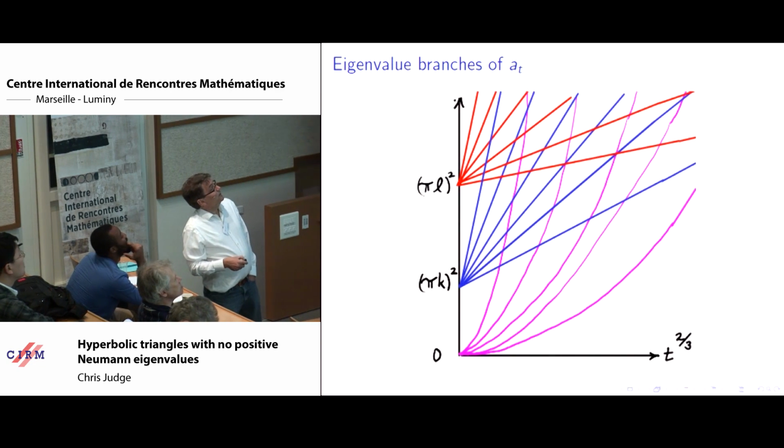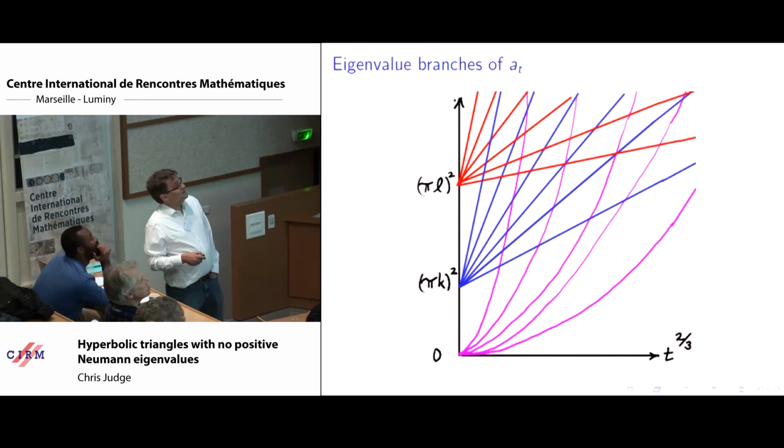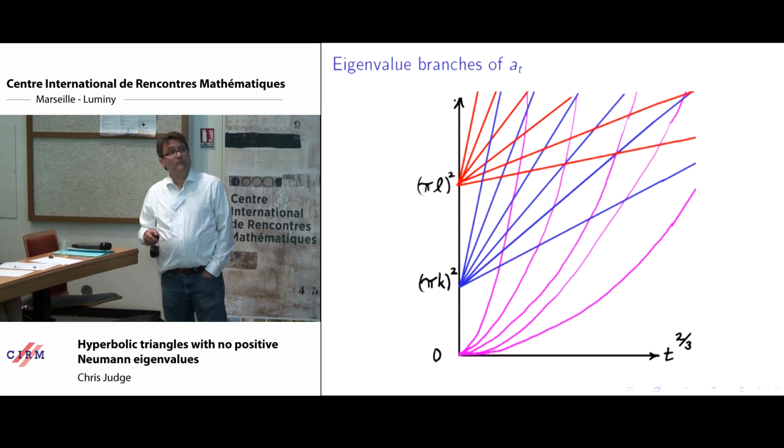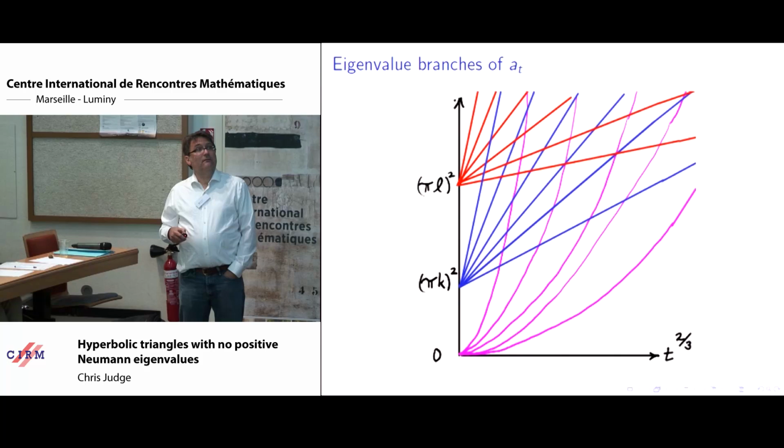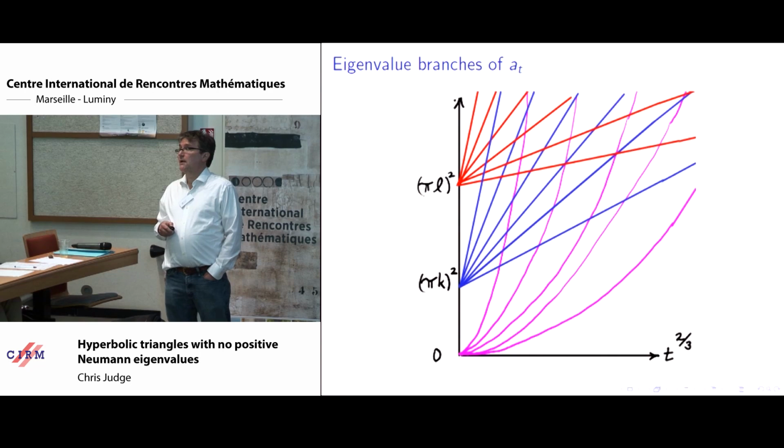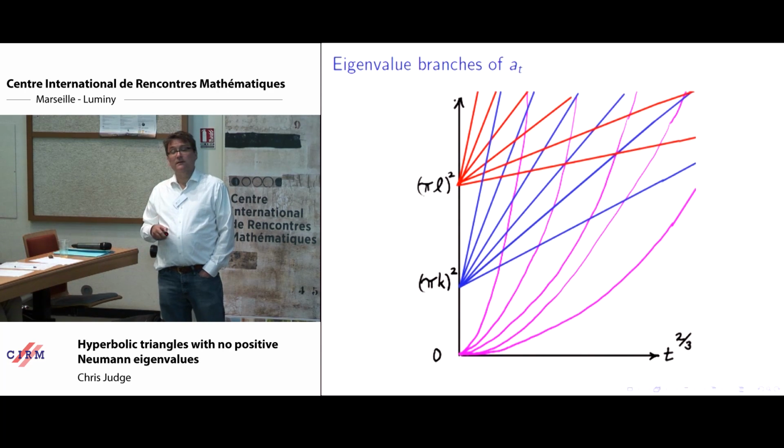So here's what they look like. These are the eigenbranches of A_t. For each integer l, you get all these eigenbranches. If you rescale by 2/3, they look linear coming in like that, and then there are the ones that are going to 0.